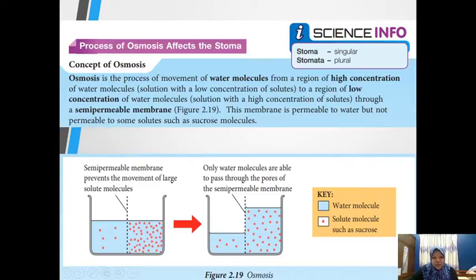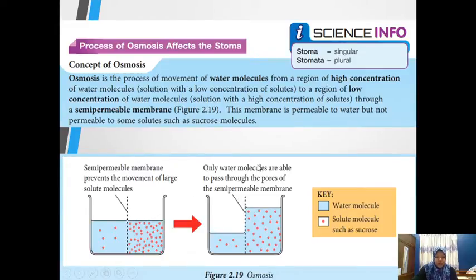So apa yang berlaku semasa osmosis ni tadi adalah kita tengok di sini. So semi-permeable membrane prevent the movement of large solid molecule. Kita letakkan di sini semi-permeable membrane yang agak nipis untuk menghalang pergerakan. Pergerakan apa? Large solid molecule, maksudnya molekul-molekul bahan larut yang agak besar.